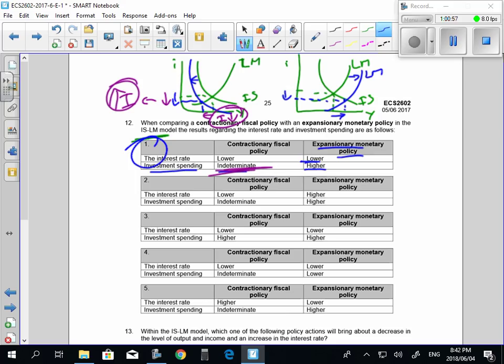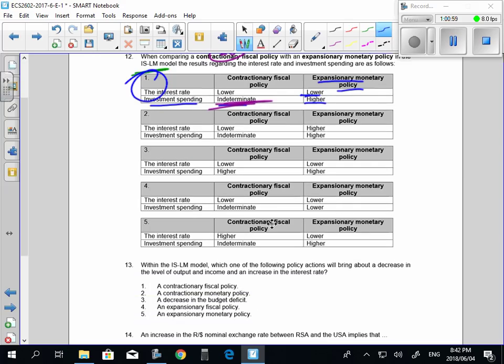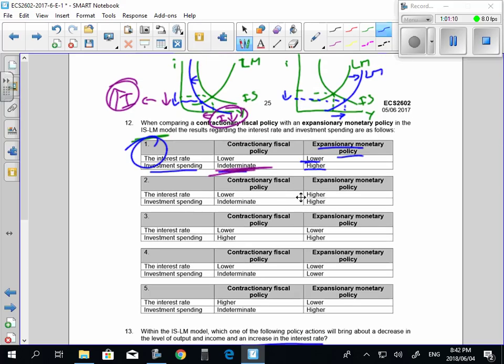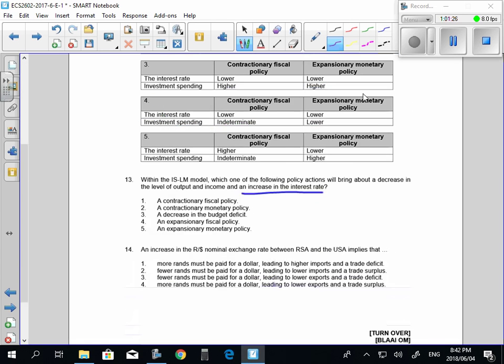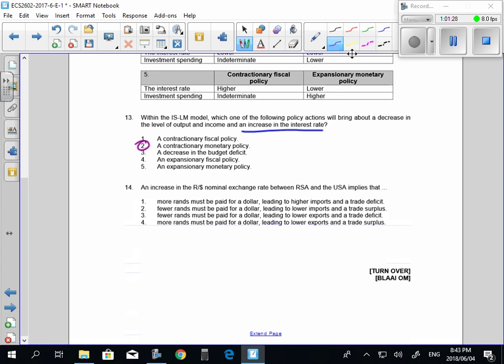Question 13, within the ISLM model, which of the following actions will bring about a decrease in the level of output and income and an increase in interest rates? Decrease in output and income, increase in the interest rates, contractionary monetary policy.